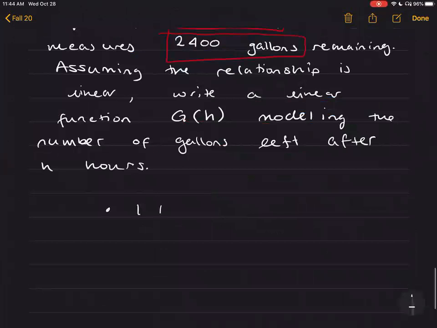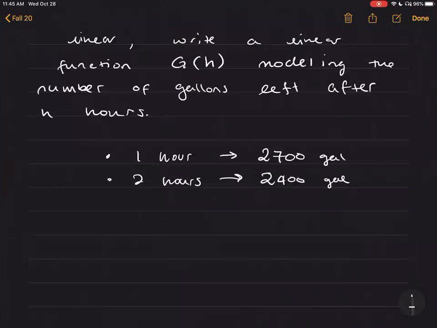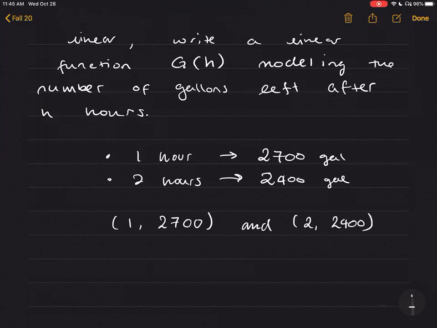So 1 hour, we have 2,700 gallons, and then 2 hours, we have 2,400 gallons. And so we want to write these as points. And so our independent variable, our x variable is h, the number of hours, and our dependent variable is g, the number of gallons. So we're going to write these as 1, 2,700, and 2, 2,400.